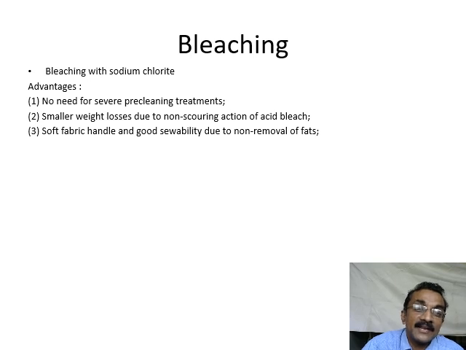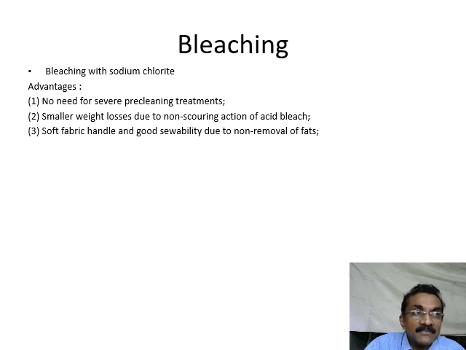Soft fabric handle and good sewability due to non-removal of fats. The bleaching method is performed at 60-70 degrees centigrade maximum. So removal of fat is not a major concern, because only acid is taken. Here, due to the acid, some fine degradation of the fiber gives a good handle to the fiber surface.